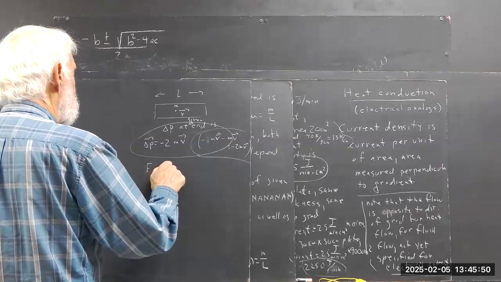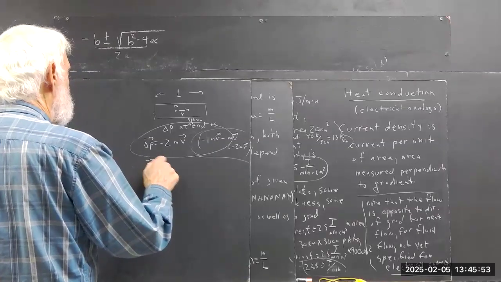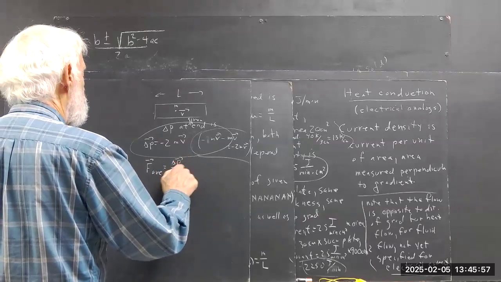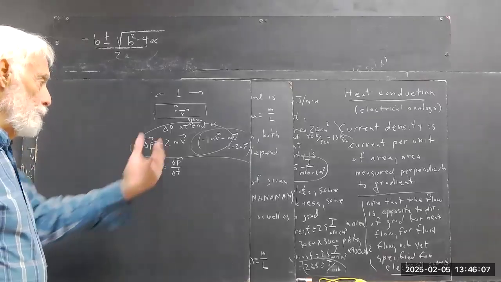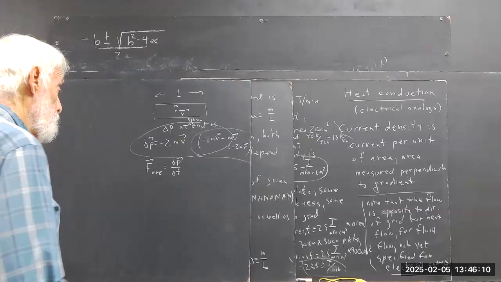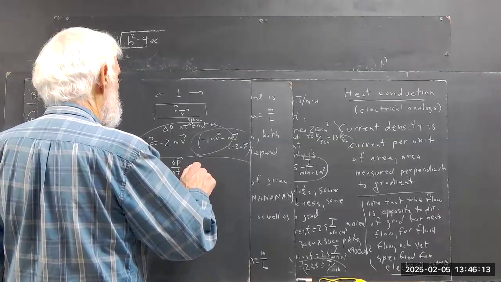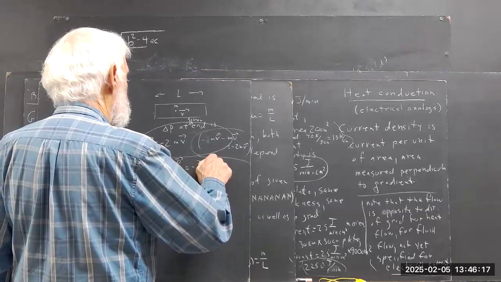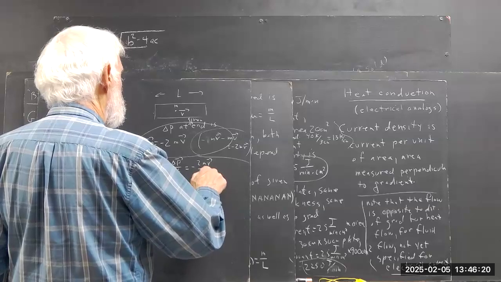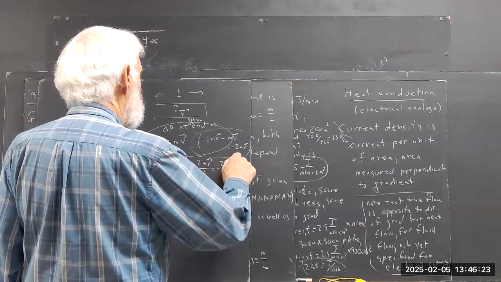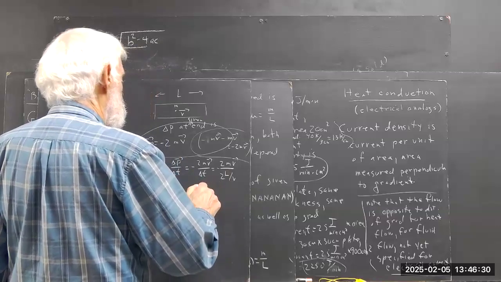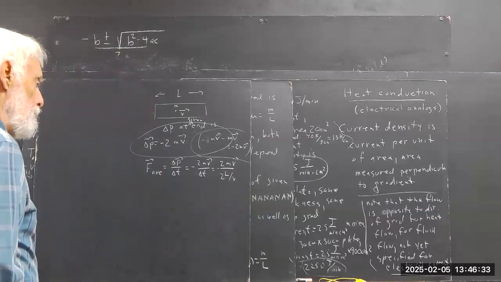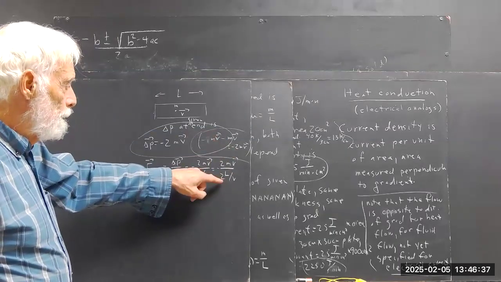Well, the average force is delta P over delta T. That's your impulse momentum theorem, which says that delta P is average force times delta T, which is a simple rearrangement. And it's negative 2mv divided by 2L over v.